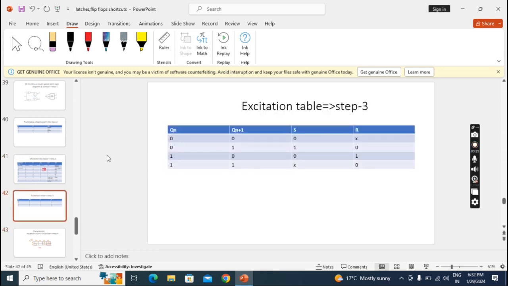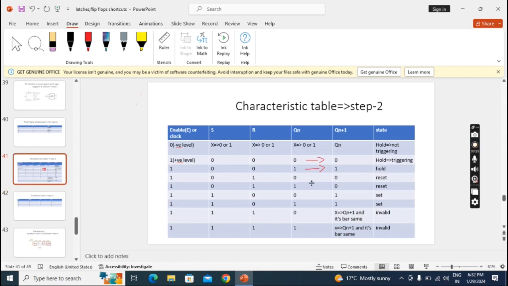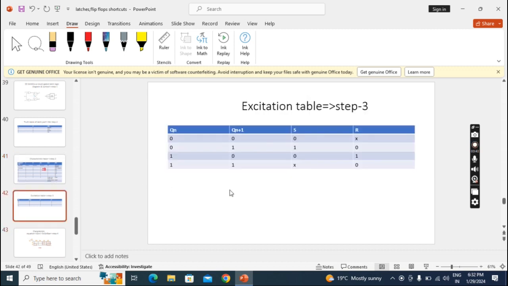Now we will see for 0 1. But 0 1 is there at one place only. See, here this 0 1 is there at one place, but 0 0 is there at two places. That's why we compared. So for 0 1 we can simply write S1 R0.